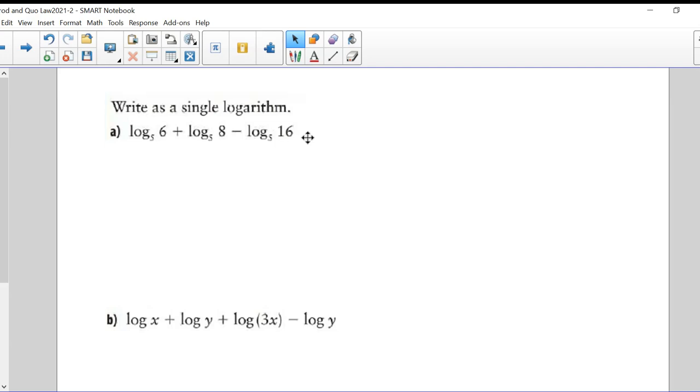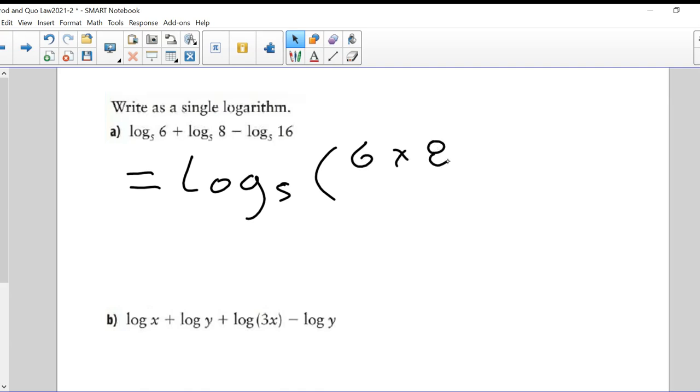What is that? Well, according to the product and quotient laws that you just saw, that should be equal to, first of all, a log base 5 because it has to be the same base, of the 6 times the 8 divided by the 16.